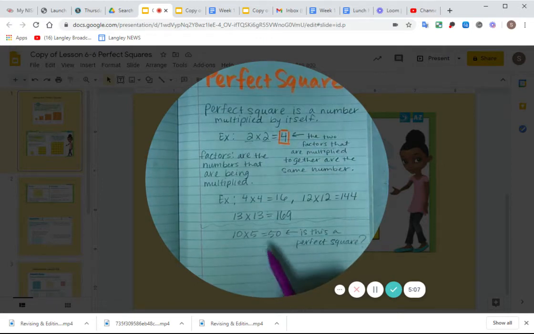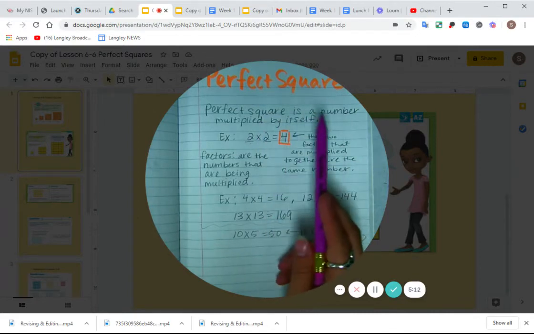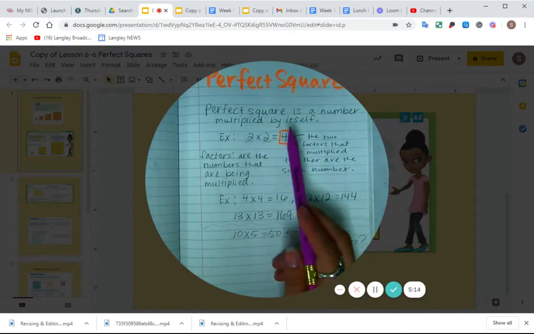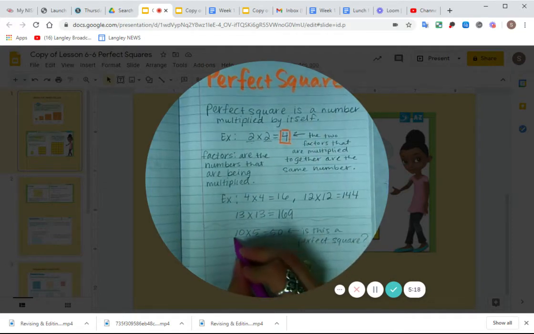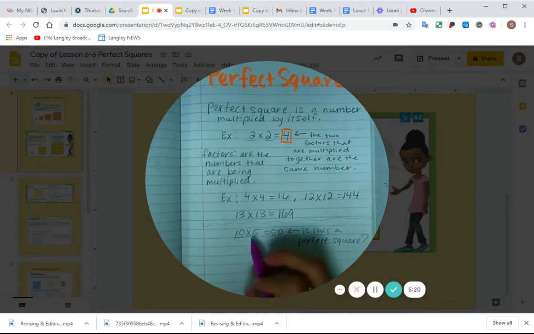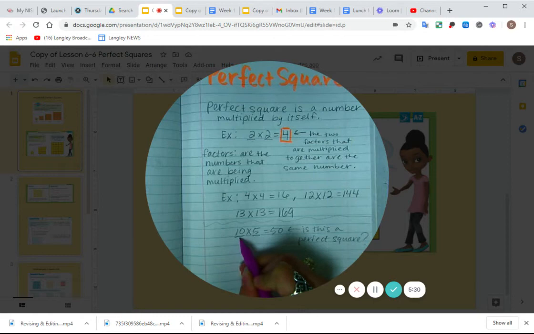You should be saying no, because I tell you right up here what a perfect square is. A perfect square is a number multiplied by itself. Okay, so this number here, 10, is it being multiplied by 10 again? No, it's not. And vice versa. We have a 5 here. Is 5 being multiplied by 5? No, it's two different factors.